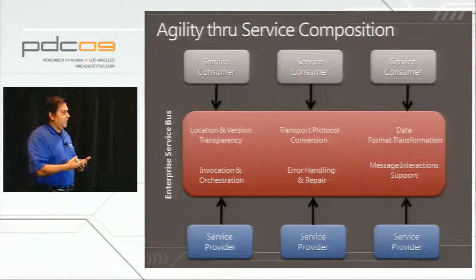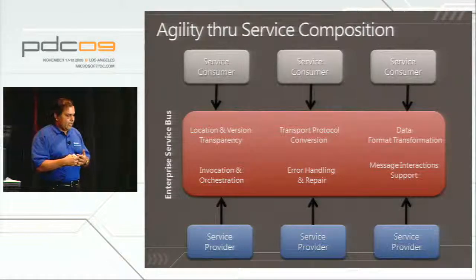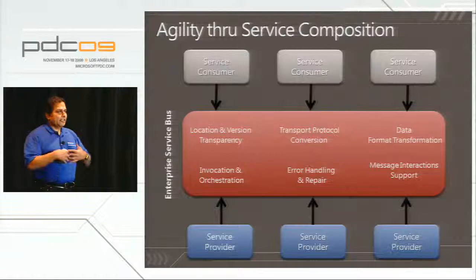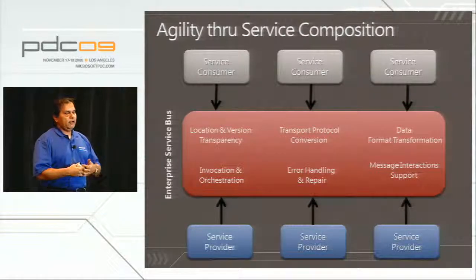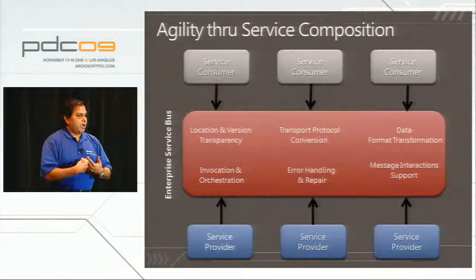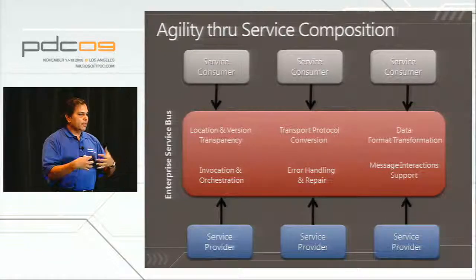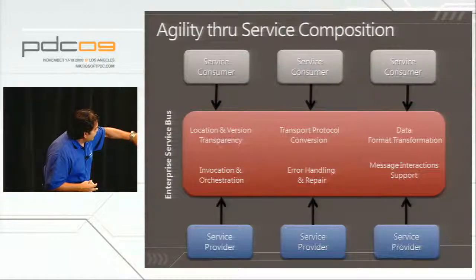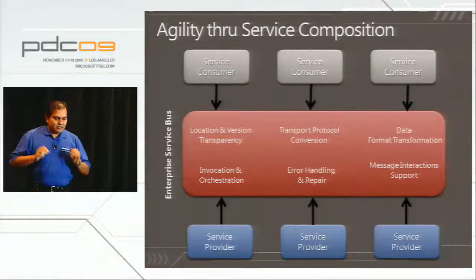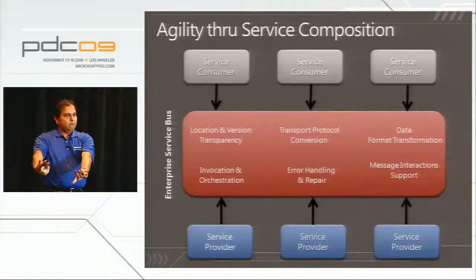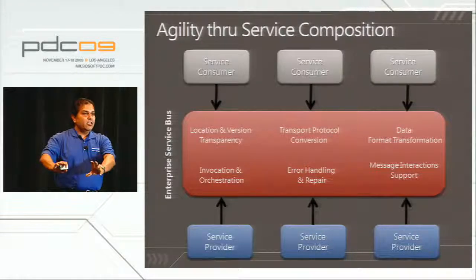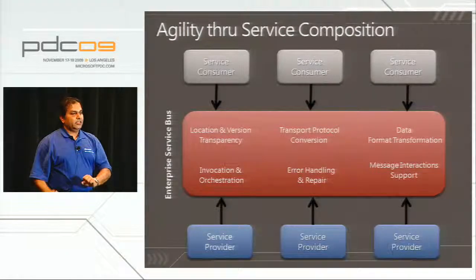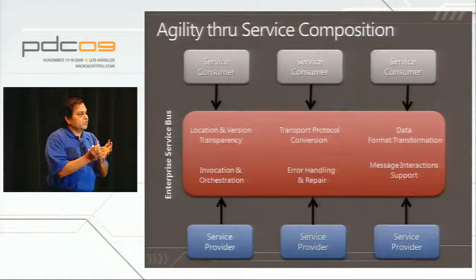So the idea is, if agility is achieved through service composability, how do you make your service highly composable and highly reusable? One of the key things is to take some of these things that I have mentioned and delegate them to a middle tier or intermediate layer that takes care of them, so your service really focuses on the business logic.